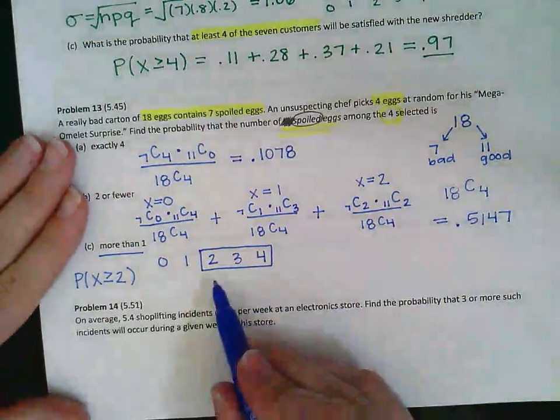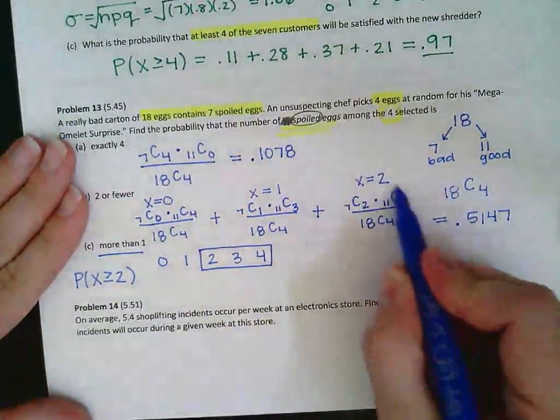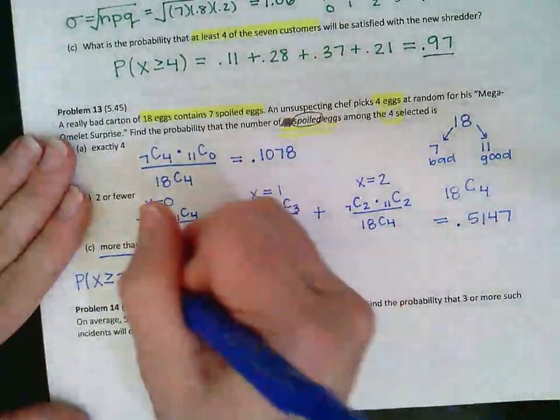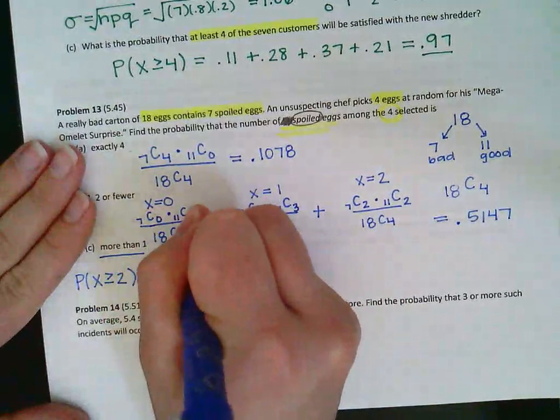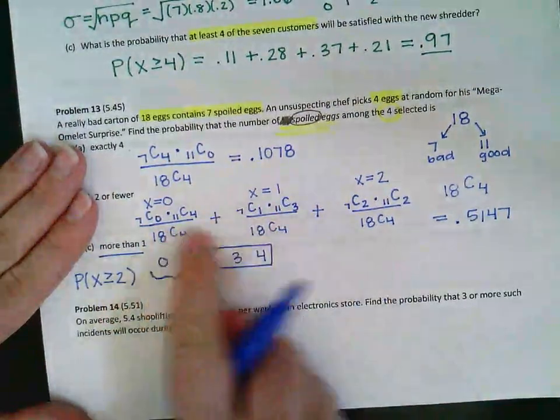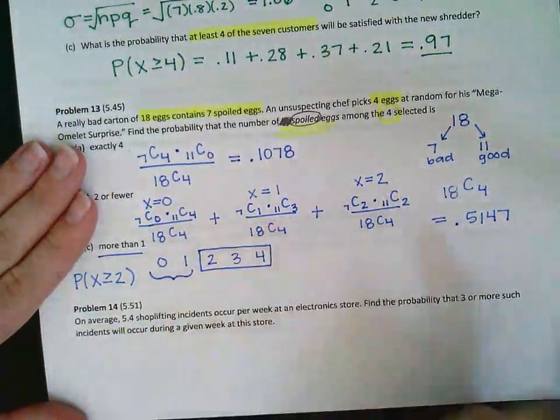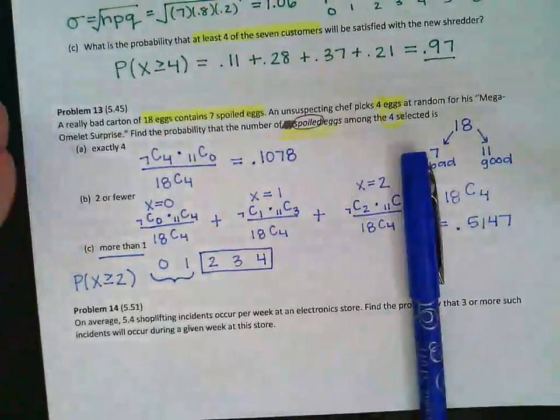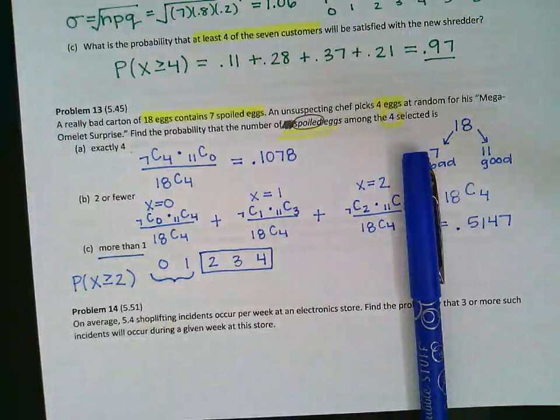So I could do this, 2, 3, 4. I know 2. I know 4. I would just need to find 3, right? Or if I find this, which I also know right here, then I can do 1 minus this value and it would give me this, which I think is the route I'm actually going to do. I'm going to go off of what I just said. And so I need to actually figure this out. I don't know why on my key I didn't end up doing it.